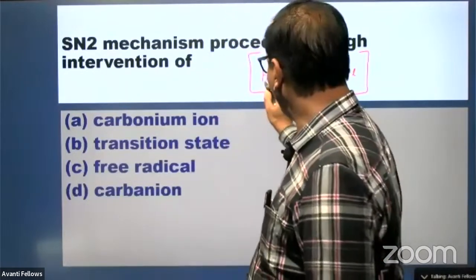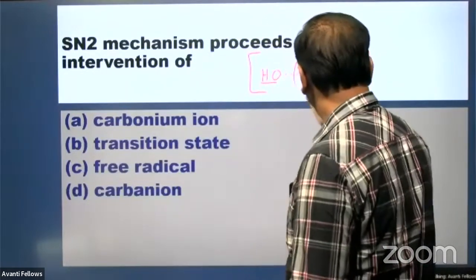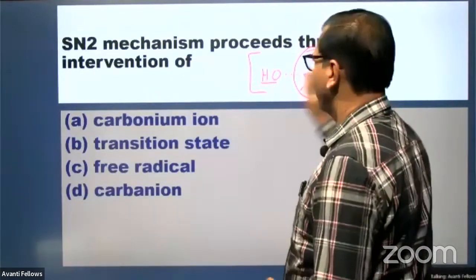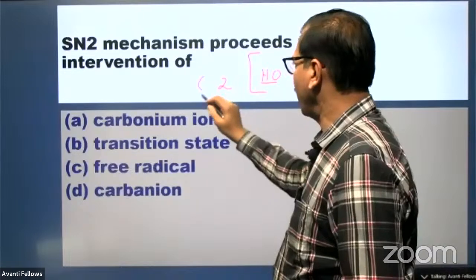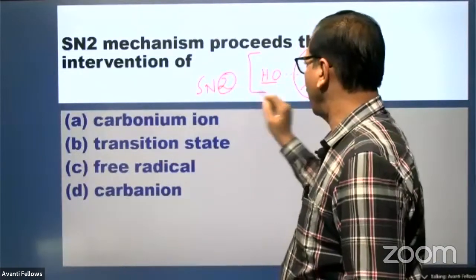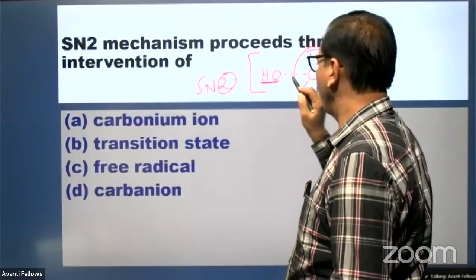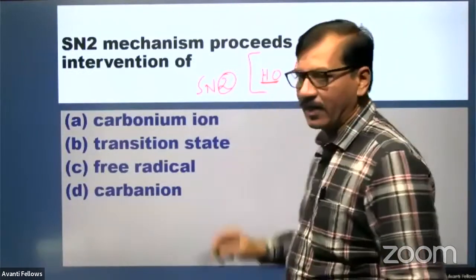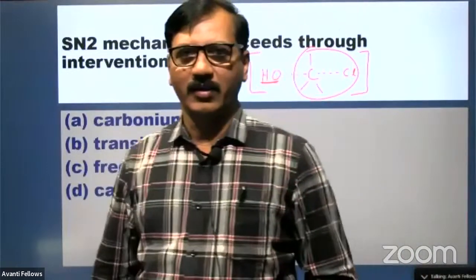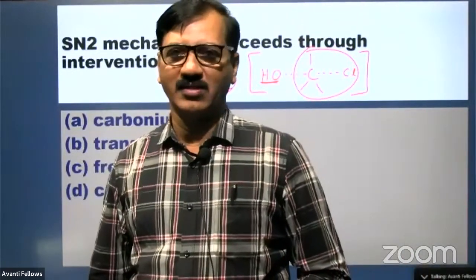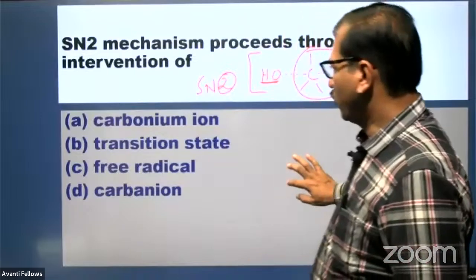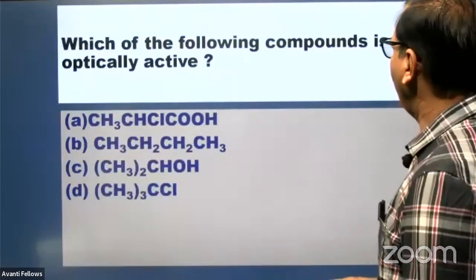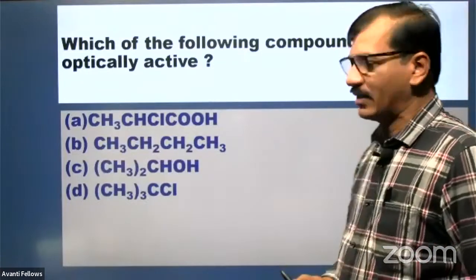Both the incoming nucleophile and the haloalkane are present, therefore it is bimolecular. SN2 bimolecular because both the incoming nucleophile and the substrate haloalkane are present in the rate determining step, therefore it is SN2, right? So you're right, transition state is the right answer. Which of the following compounds is optically active?